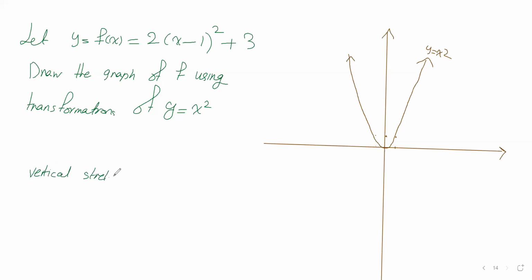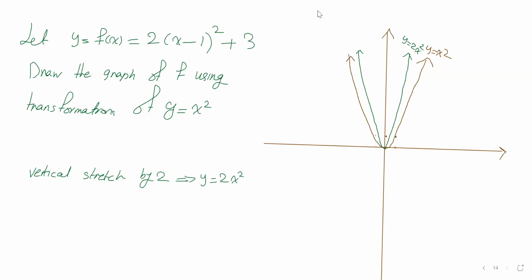Vertical stretch by 2 means I'm stretching it vertically, so everything is going to be doubled. It's a rough graph, because a parabola is harder to draw. So this is y equal to 2x squared.